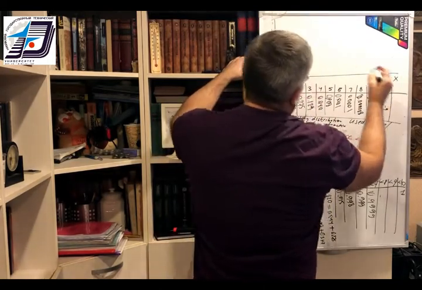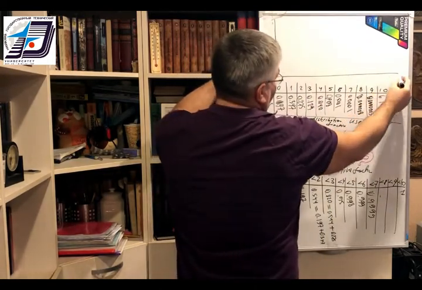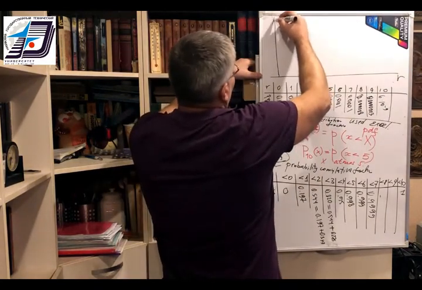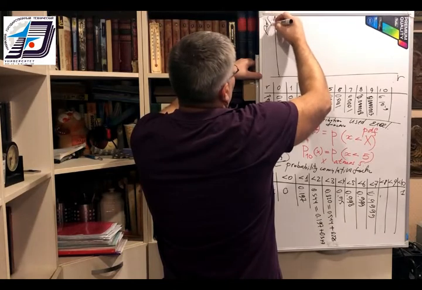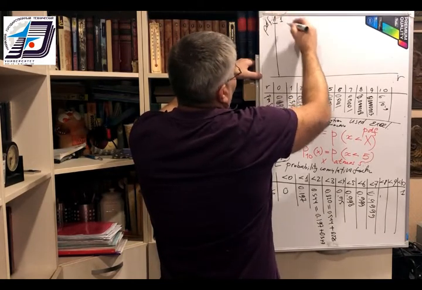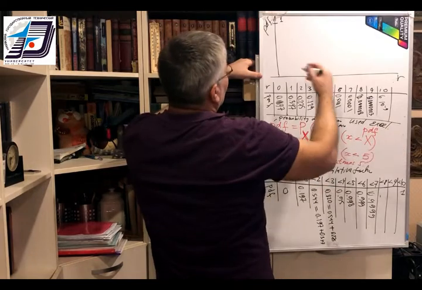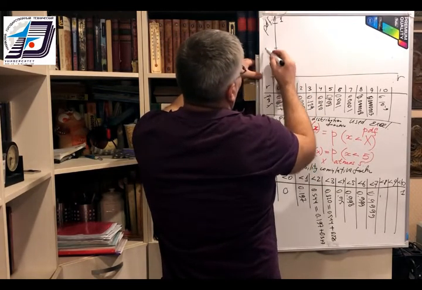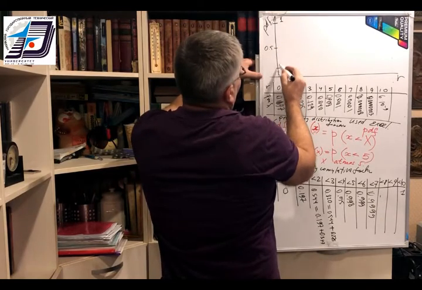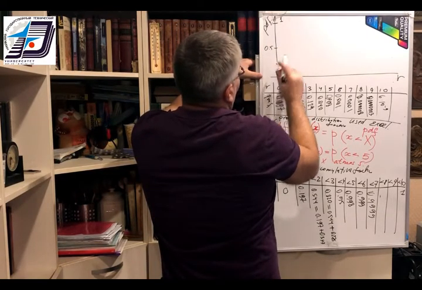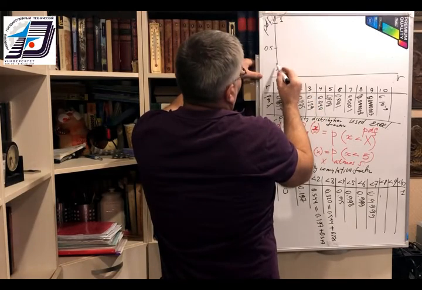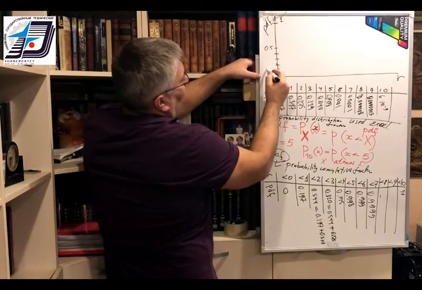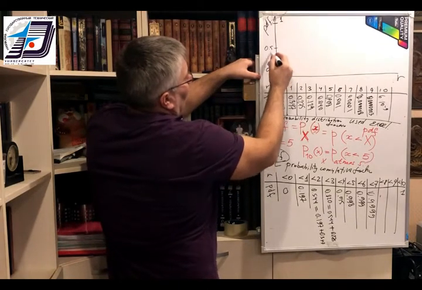So x, I put here r because we use r here. And here I have to put the probability distribution function. The maximum value is 1, it is getting to 1, it cannot be more than 1. Here I make a scale, step 0.1, 0.2.